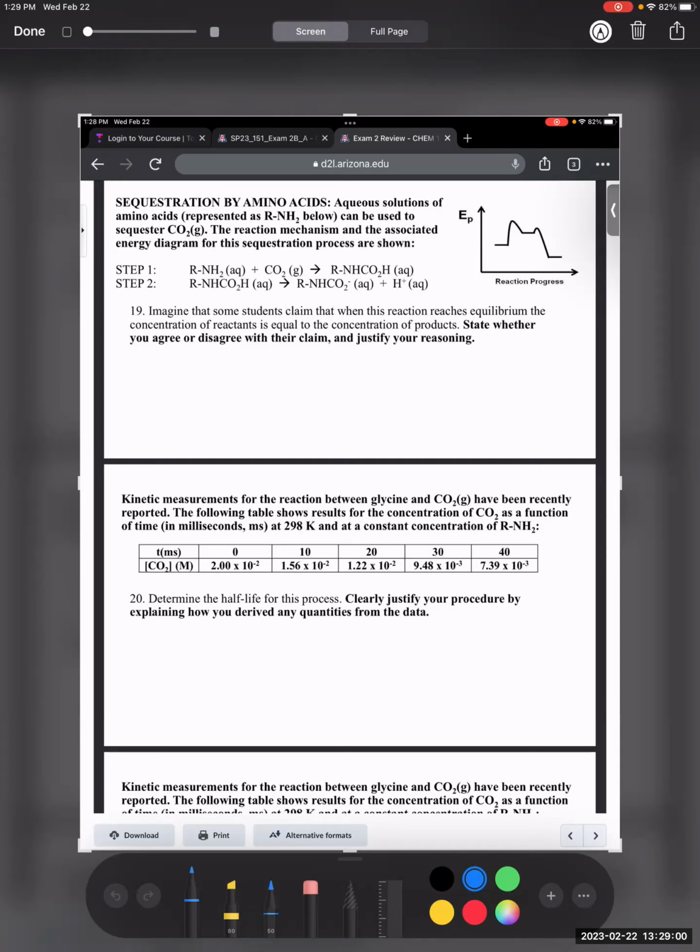So equilibrium does not mean the concentrations of reactants are equal to concentrations of the products. Okay, there might be situations like that where concentrations are equal, but equilibrium does not necessarily have to be like that. So I would say I'm going to disagree. I disagree. So let's write that.